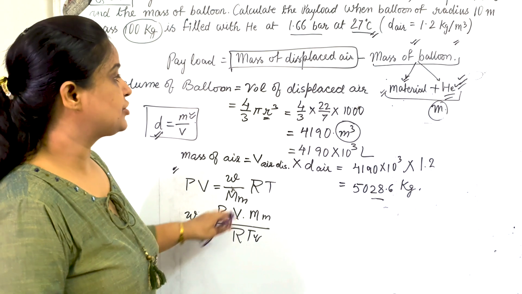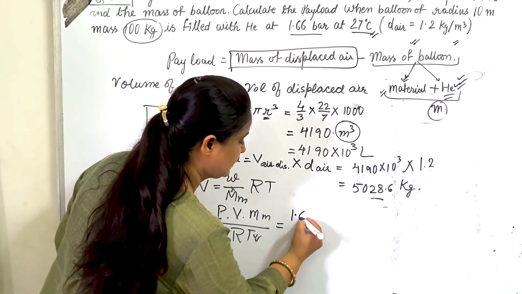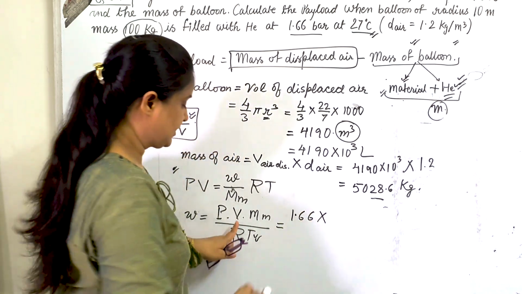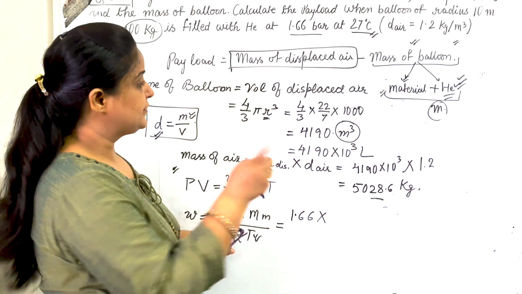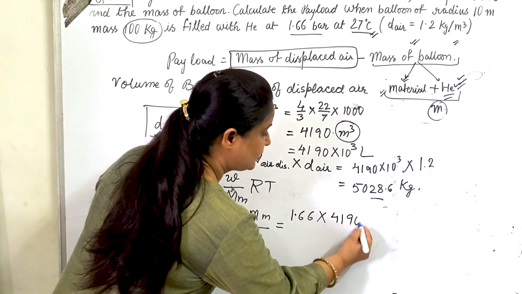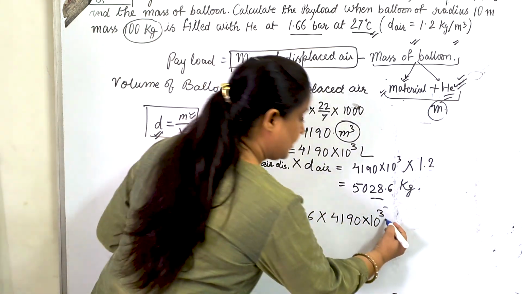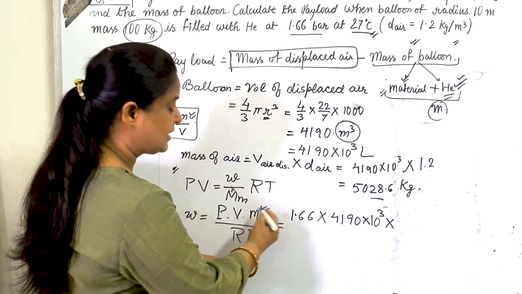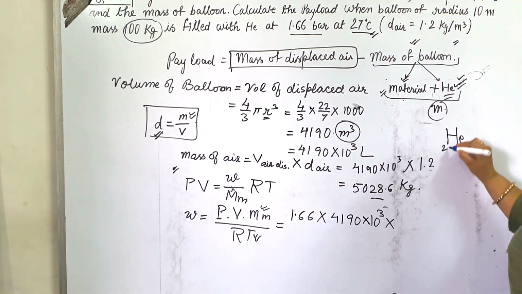What is the pressure given to you? Pressure is 1.66, so I am writing 1.66 bar. What is the volume given? Volume is the volume of the balloon, which we have already calculated, that is 4190 × 10^3 liter, multiplied by the molar mass of the helium. What is helium? Helium is 2He4.